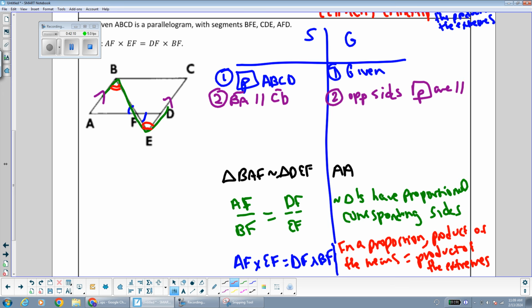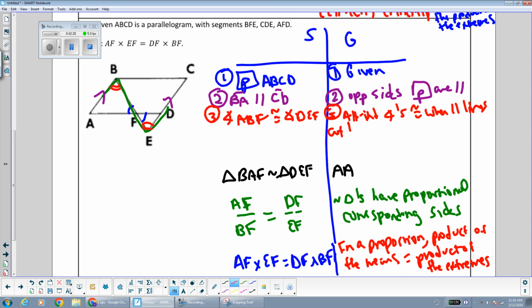And then once we know that, we can say that angle ABF is congruent to angle DEF because alternate interior angles are congruent when parallel lines are cut by a transversal. Sorry for the extremely messy handwriting.